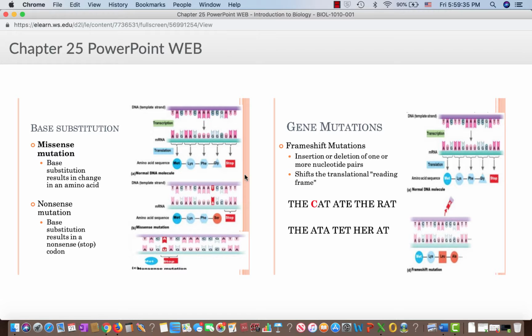You can have a frame shift mutation, and this is either because you've accidentally inserted an extra base pair here, or you have deleted one. So, the cat ate the rat. Well, you accidentally delete your C here, and then suddenly the rest of this doesn't make any sense.